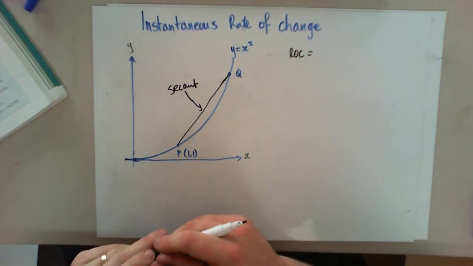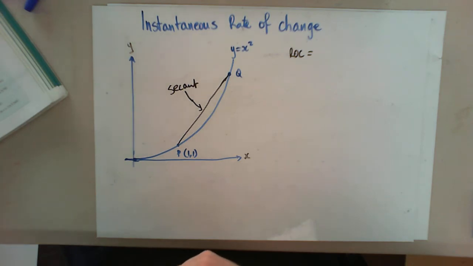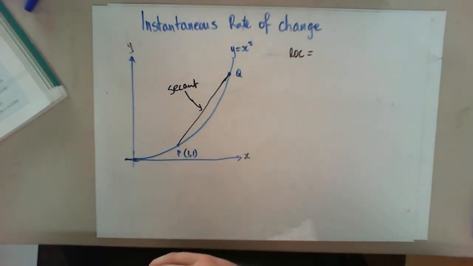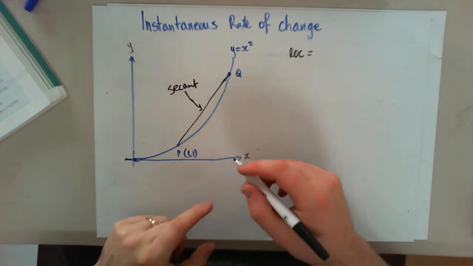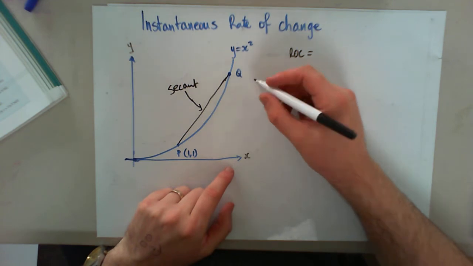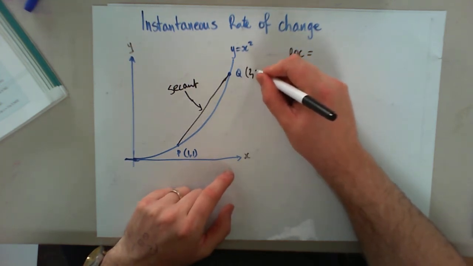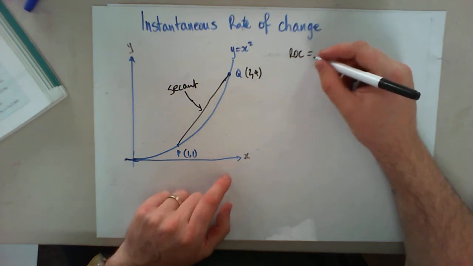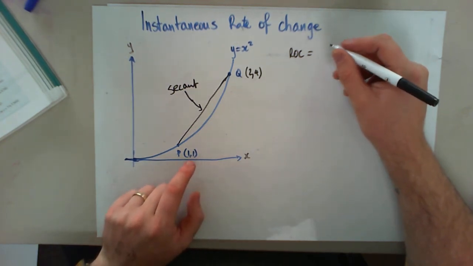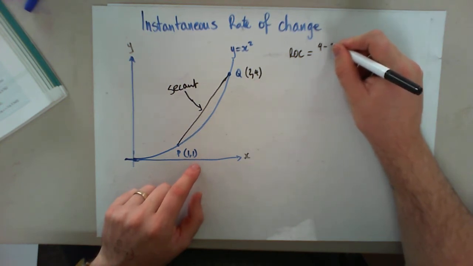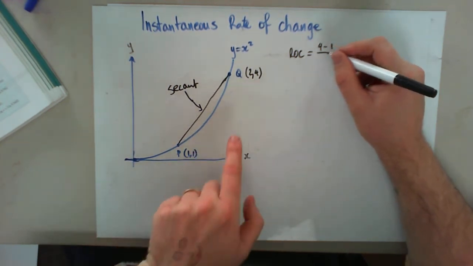So let's think about what's going to happen for a particular value of Q. Let's say we're looking at the point 2, 4. Then our rate of change is going to be y2 minus y1, so 4 minus 1, over 2 minus 1.